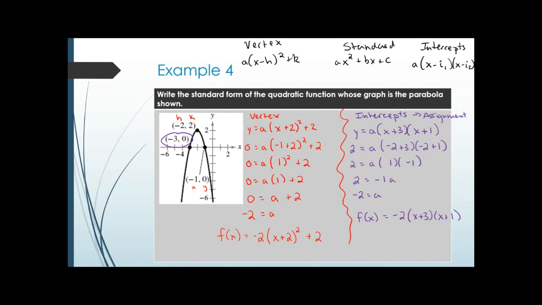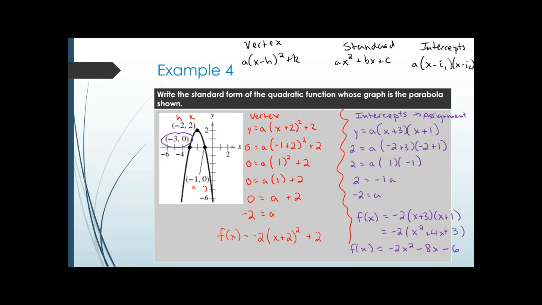And then you could multiply it out. So if I FOIL, I get x squared, 3x plus 1x is 4x, 3 times 1 is 3. So FOIL would give me x squared plus 4x plus 3, and then I could multiply the -2 through to get the other version, the other standard form.